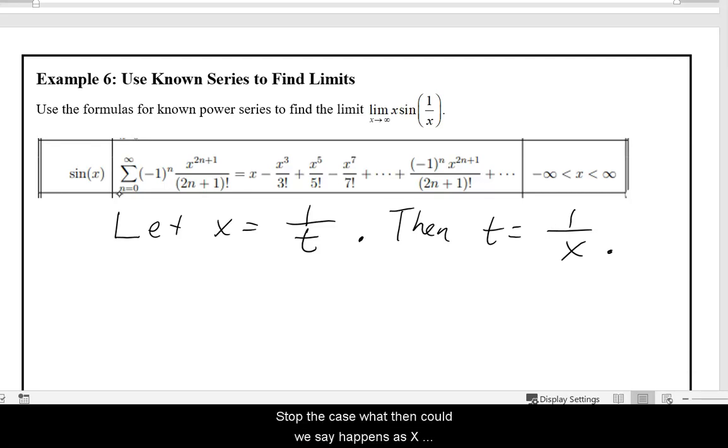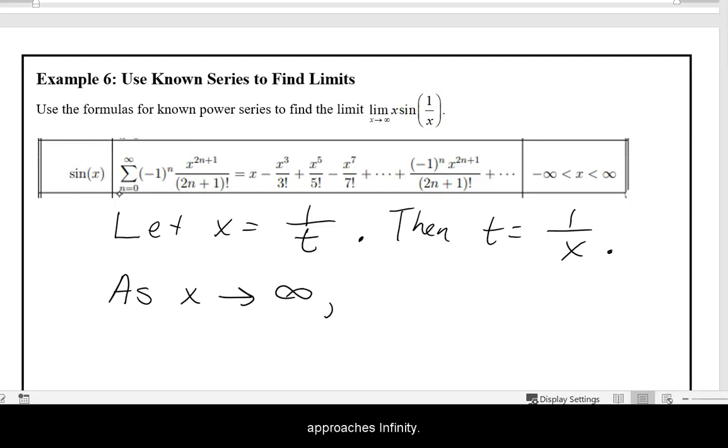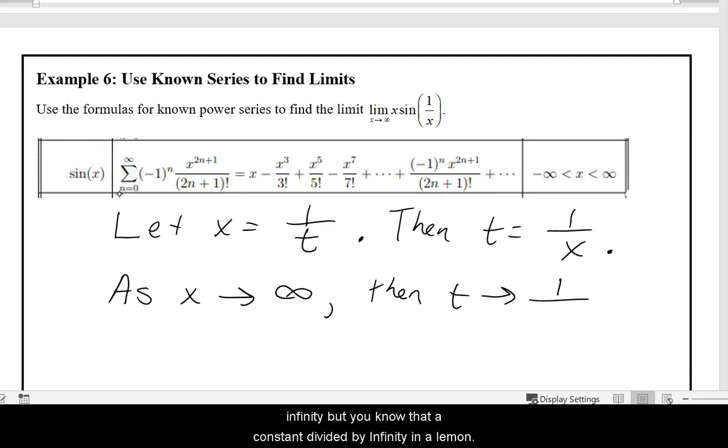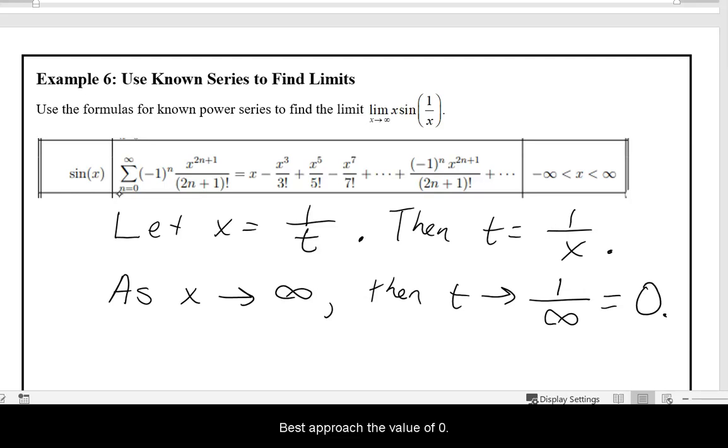Since that's the case, what then could we say happens as x approaches infinity? If x goes to infinity, then t has to be approaching 1 divided by infinity. But you know that a constant divided by infinity in a limit must approach the value of 0. So we can replace x approaching infinity with t approaching 0.